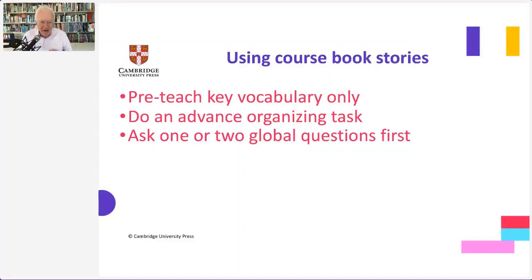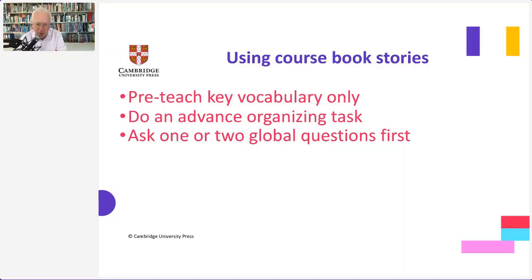So another thing I do is I ask them one or two global questions first before they read a story or before they listen to a story, okay? So a global question, a general question. You don't ask for a detail. That's for later.